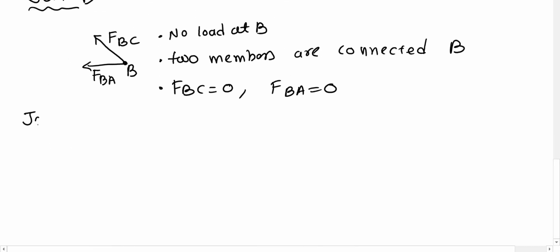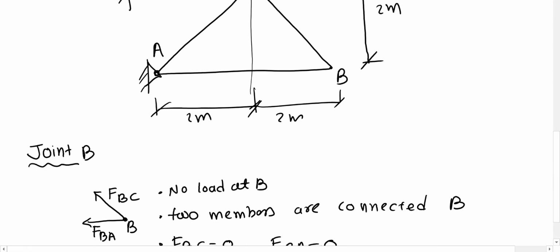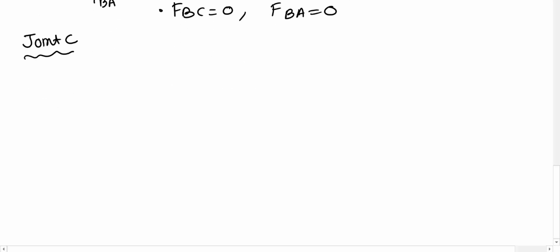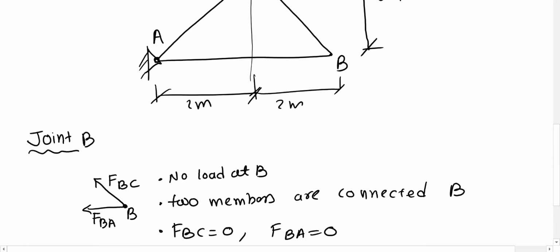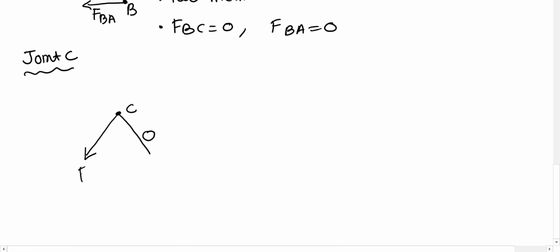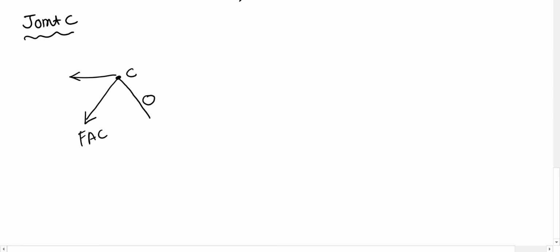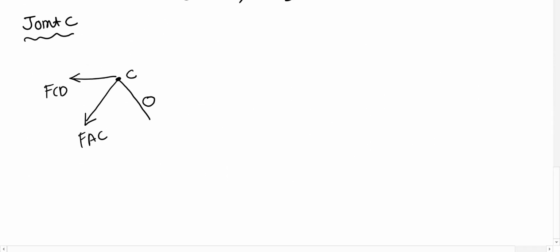Now let's draw joint C. Joint C has a virtual load. This is 0 force member, so we don't need to draw this one, but let's draw it first. We have force AC, and this force is CD, and we have the virtual load 1 kilonewton.